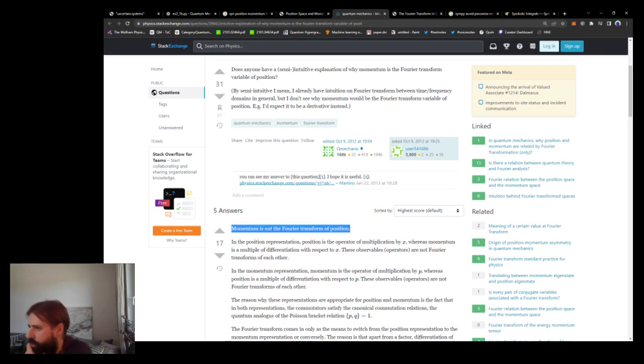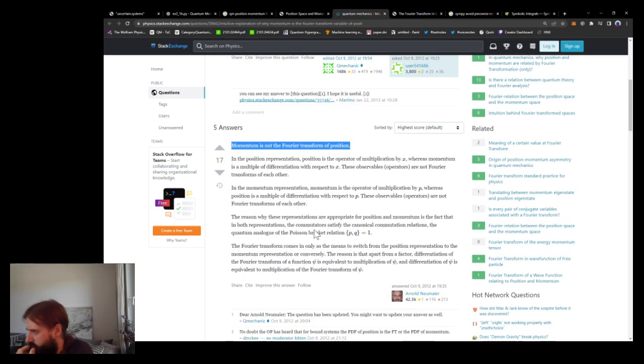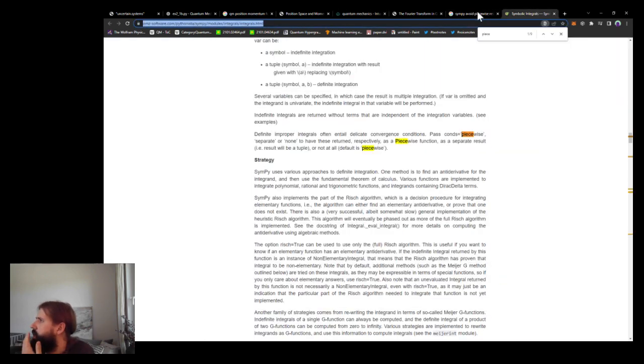It's not the Fourier transform. It's just maybe a convenient way to do the transformation. It is the operator of multiplication by x, whereas momentum is a multiple of differentiation with respect to x. Definitely have to try to understand that.